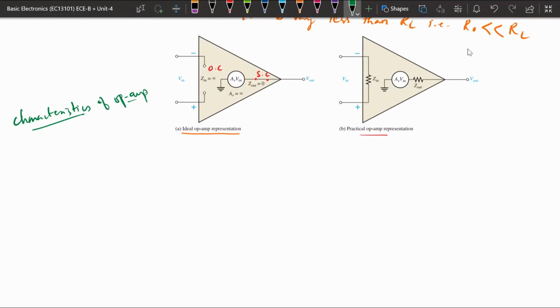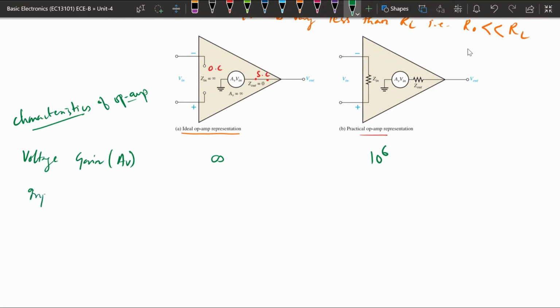If we talk about the voltage gain, AV, for the ideal operational amplifier it is considered to be infinity, and for the practical one it is considered to be 10 to the power 6.